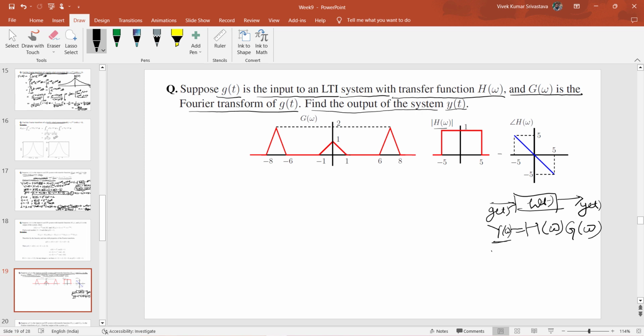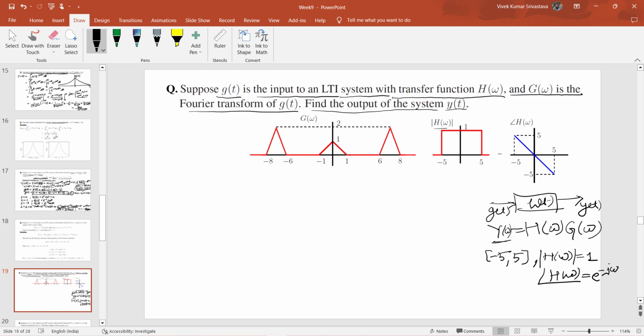For the range of minus 5 to 5, the amplitude of h of omega will be equal to 1, and otherwise it will be 0, so I am not writing that here. Whereas the phase of h of omega is written as e raised to the power minus j omega.